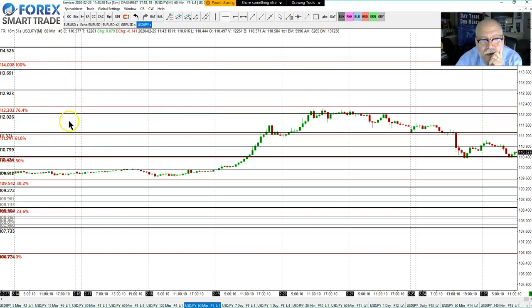On a 1-hour chart, I like the support and resistance lines to be roughly 30 pips apart.